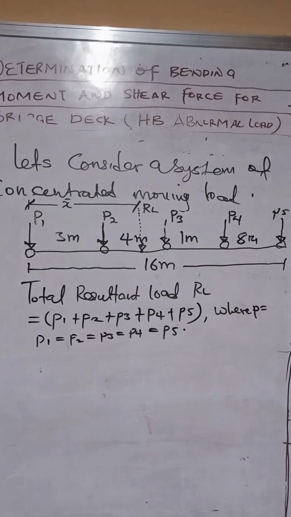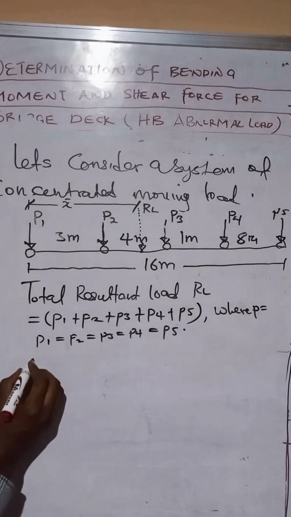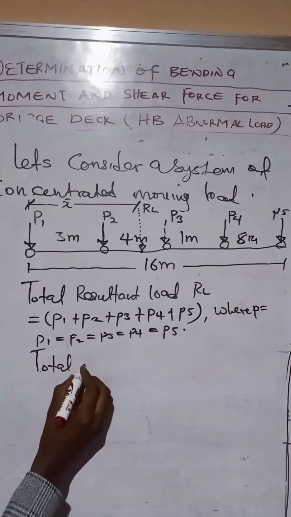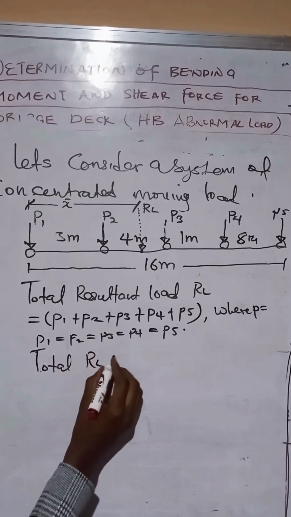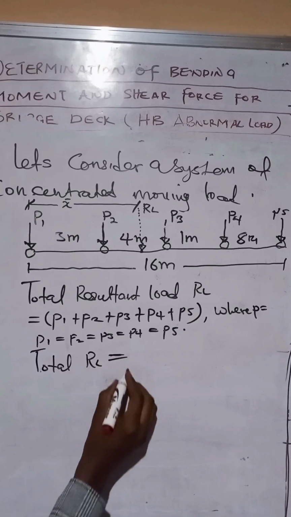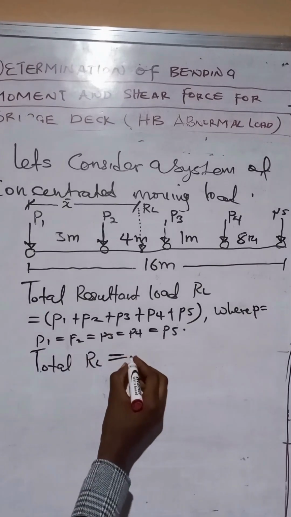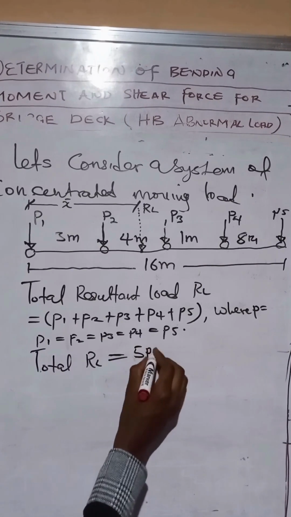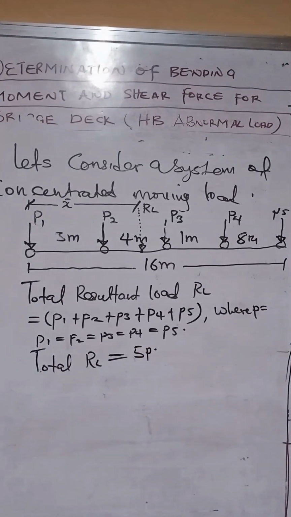So if P is this, total RL will be equal to 5P, since we have 5 P's there. All right.